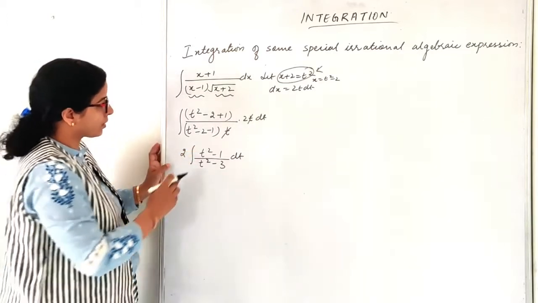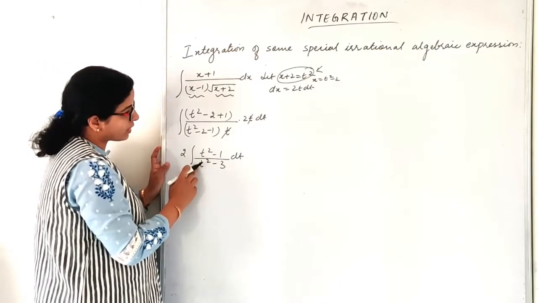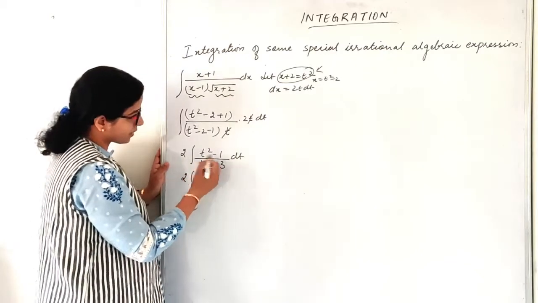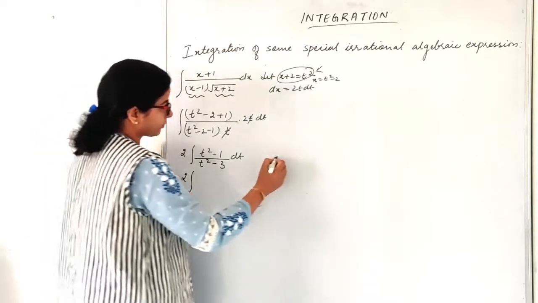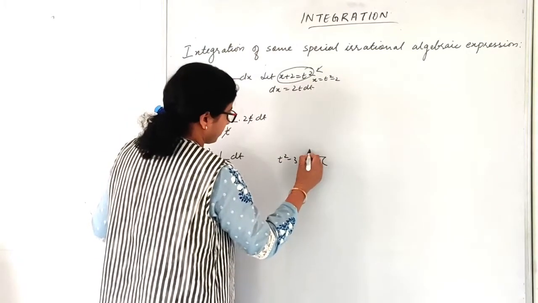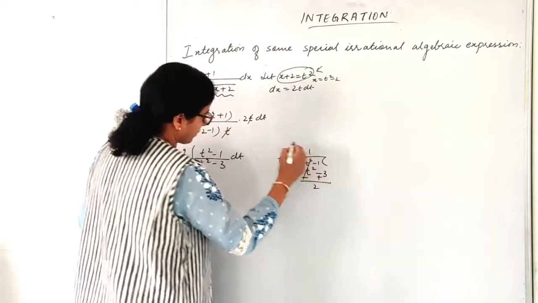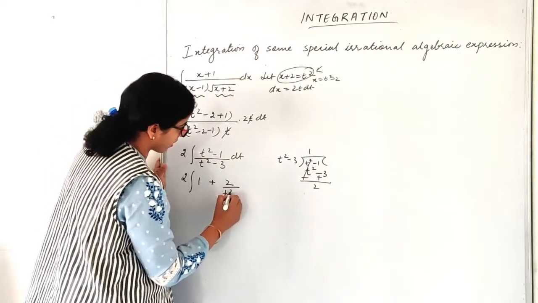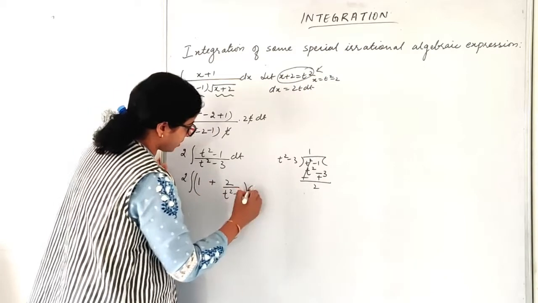Now look here. The degree of the numerator and the denominator is same. So what are we going to do? We'll divide it, right?